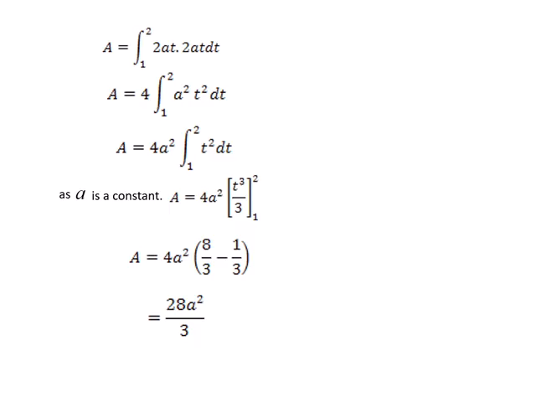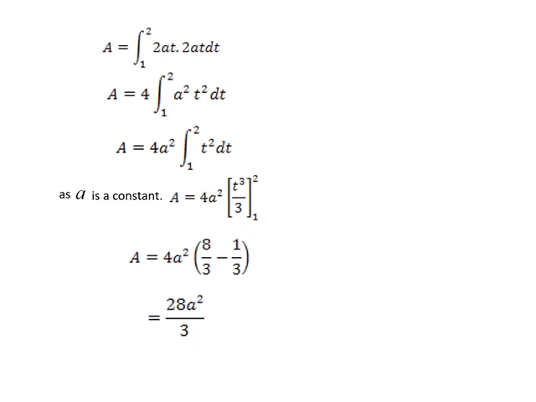So multiply this together, we have what? 2at multiplied by 2at will give us 4a squared t squared dt. So we bring out the constant there, which is 4, outside the integral sign. Then we are left with a squared t squared dt.